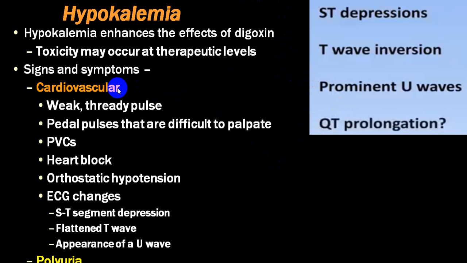Among cardiovascular complications: weak thready pulse, irregular pulse, that is arrhythmias, heart blocks, hypertension. Among ECG changes: ST depression, T wave inversion, prominent U wave. Usually we interpret it as a QT prolongation, but it is QU prolongation.